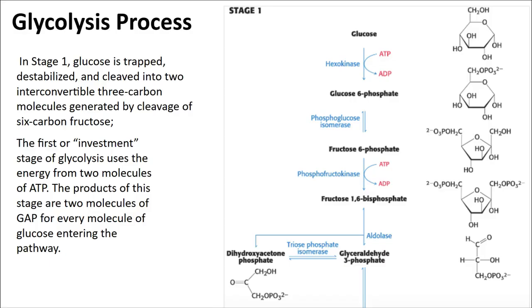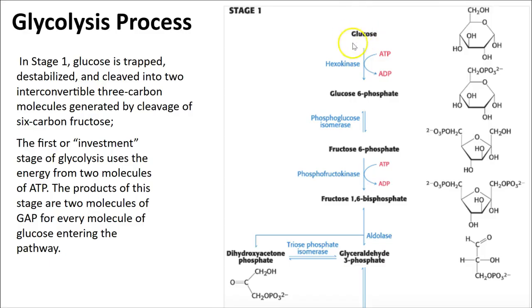The products of this stage are two molecules of GAP, which stands for glyceraldehyde 3-phosphate, which is drawn right here and listed here, for every molecule of glucose entering the pathway.